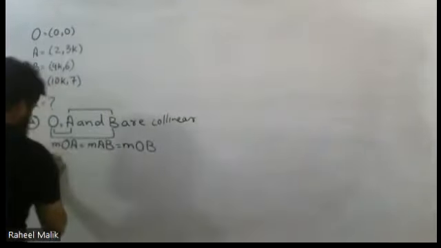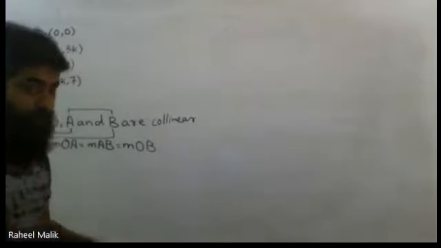So first of all, it's my choice. Gradient OA, AB, and OB are all available. First I'm going to find all the gradients, and then I will consider which gradient I'm going to use to get the value. First, the gradient of OA: y2 minus y1 upon x2 minus x1.